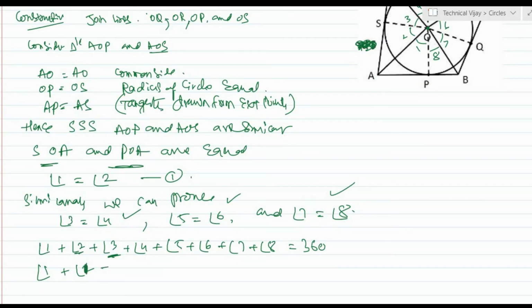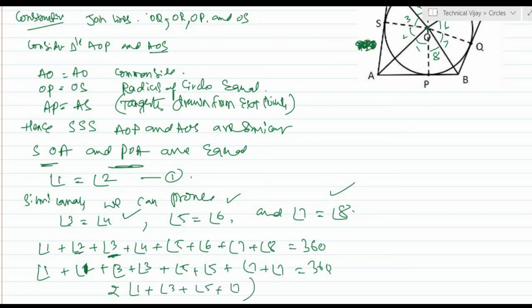So like this, plus angle 3 is equal to angle 4, so 3 I will write; angle 5, 5 I will write; angle 7, 7 I will write. So 2 into angle 1 plus angle 3 plus angle 5 plus angle 7, okay, is equal to 360 degrees.